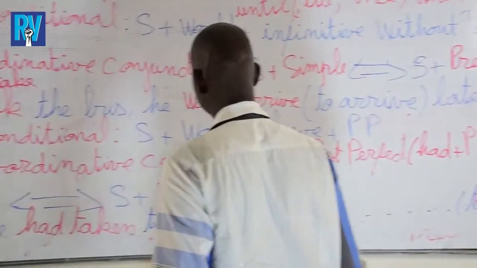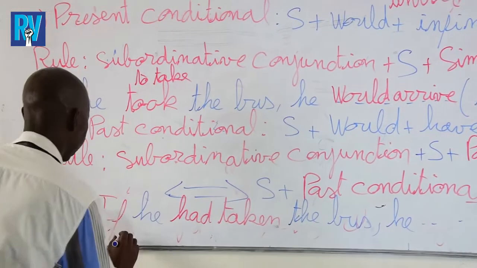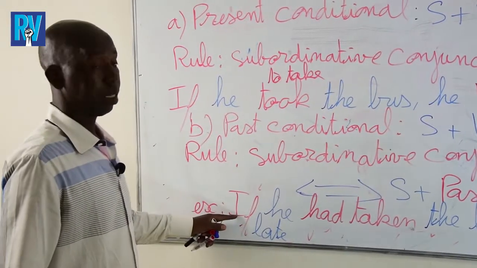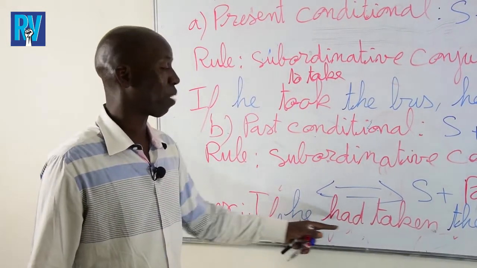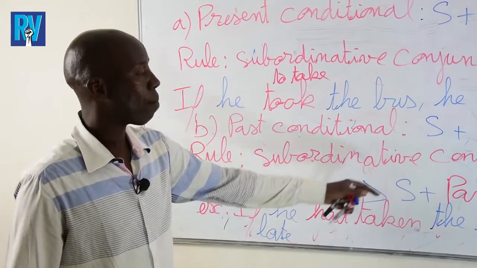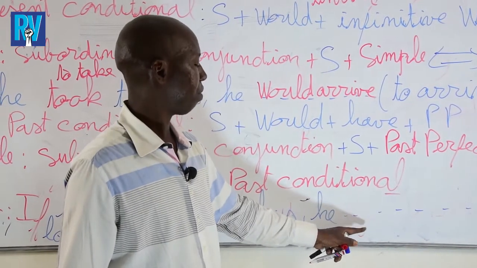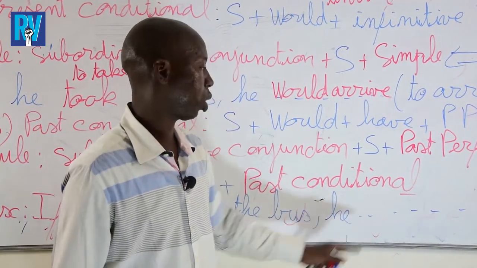To arrive, I say late, arrive late. So here I have a subordinative conjunction plus subject plus past perfect. And I'm asked to write the verb to arrive.